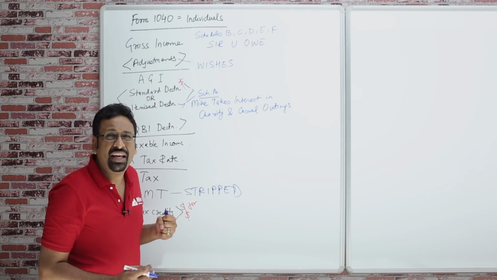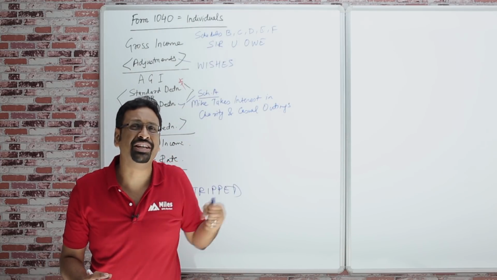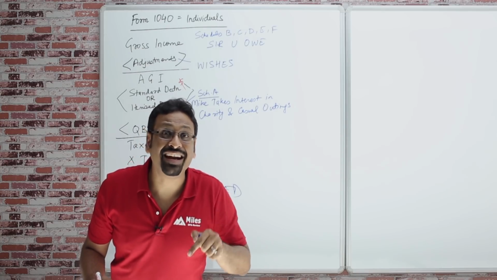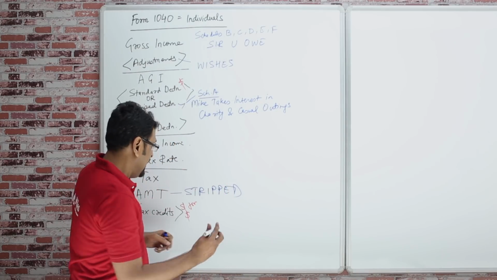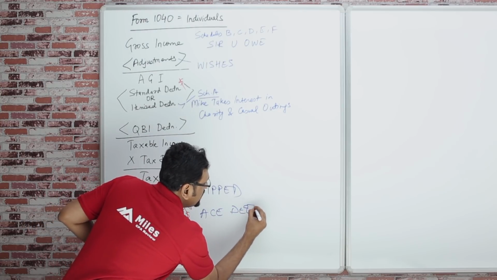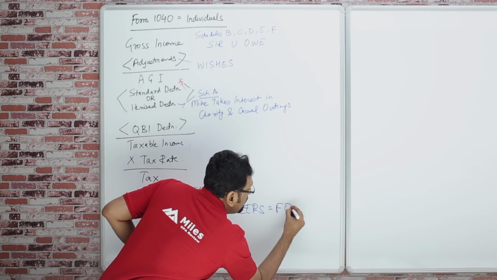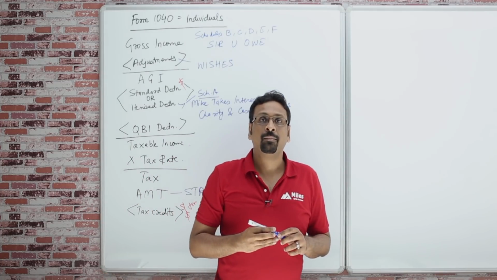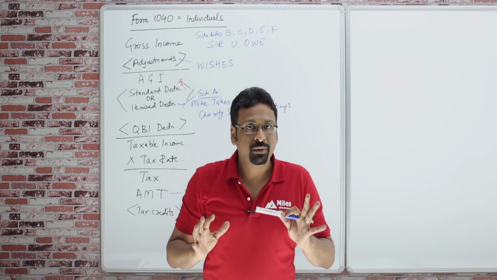When we did AMT, I told you the wealthy taxpayers feel stripped of their money. In tax credits, your mnemonic is ASDers. So you're going to be ASDers who are going to be foreign business winner. But we won't stop here.